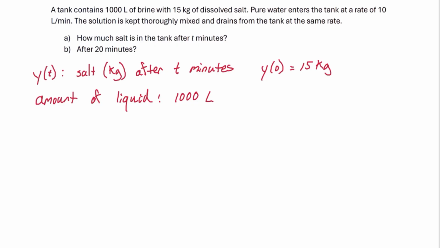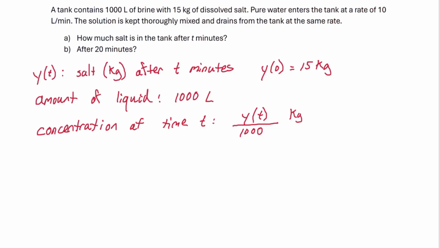We can then label the concentration at time t. The concentration, we'll think of that as y of t divided by the amount, 1,000, and the units there would be kilograms per liter.